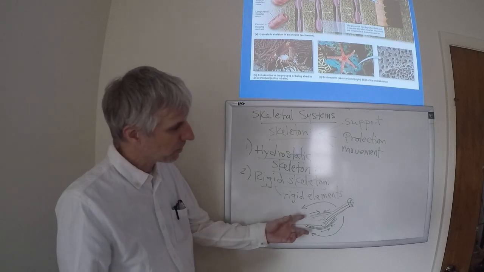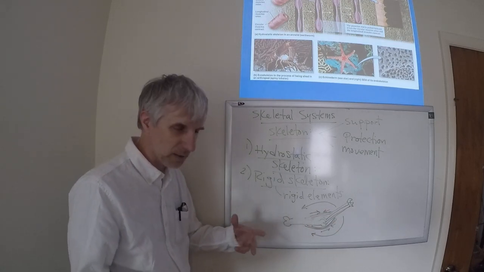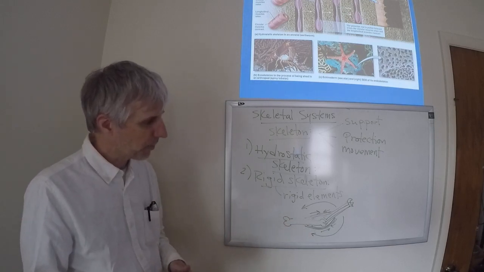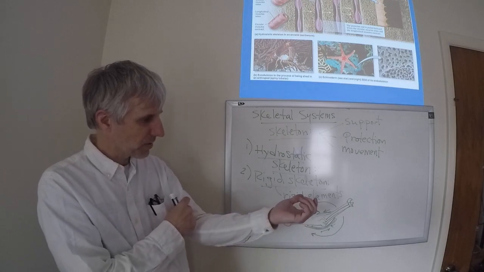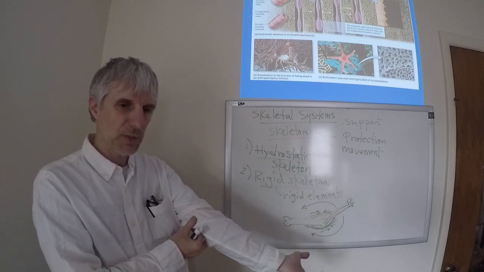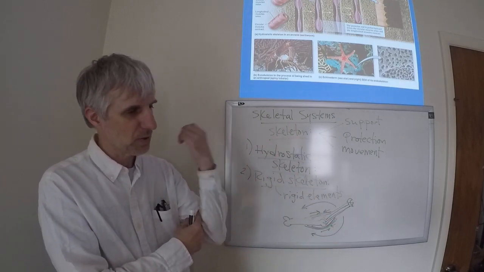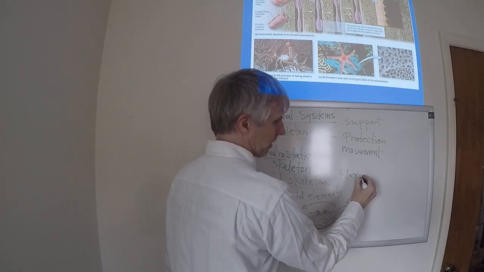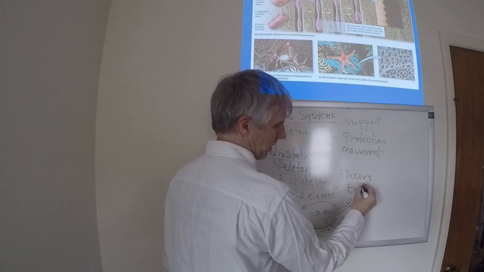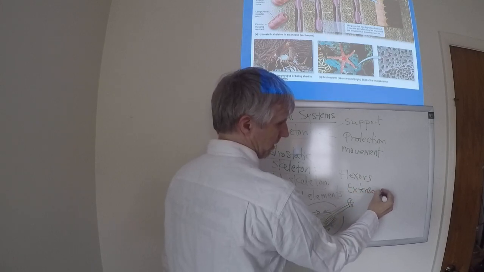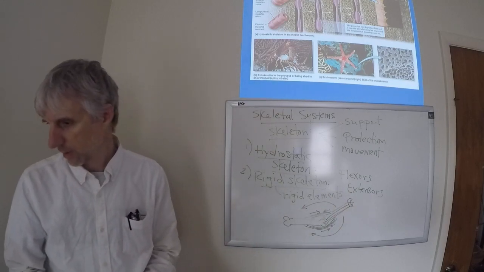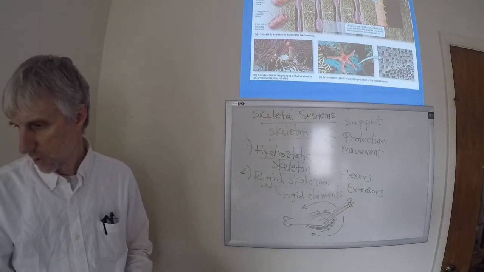Now, the muscle groups associated with a skeleton like ours are arranged in groups. There are particular muscle groups associated with extension and muscle groups associated with flexion. Flexion of muscles and extension. Okay? Flexion and extension.